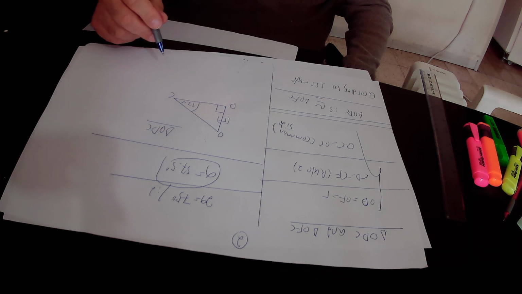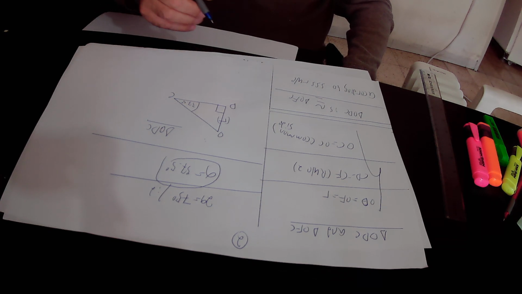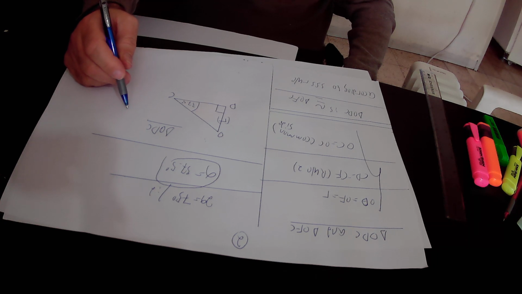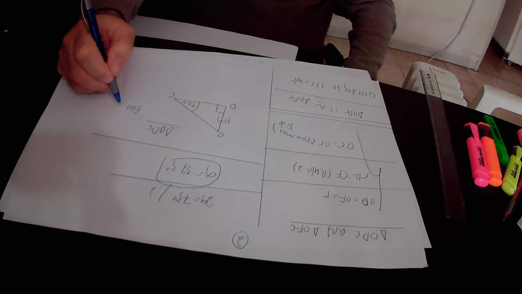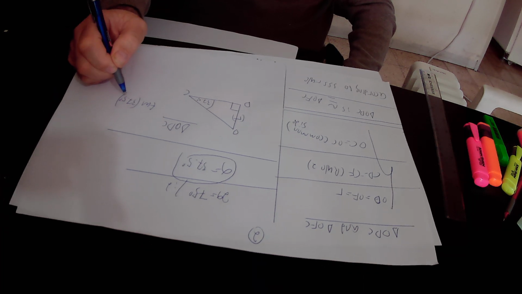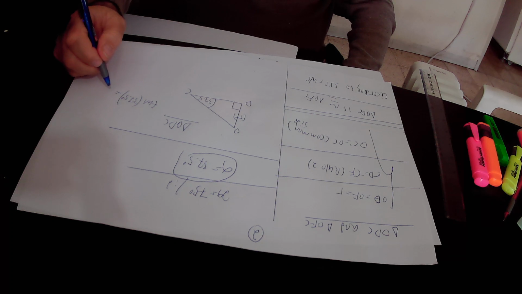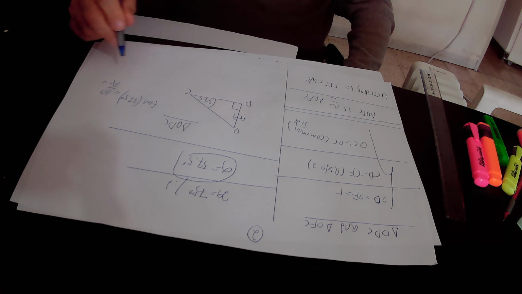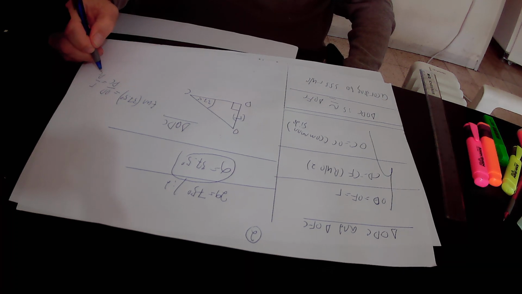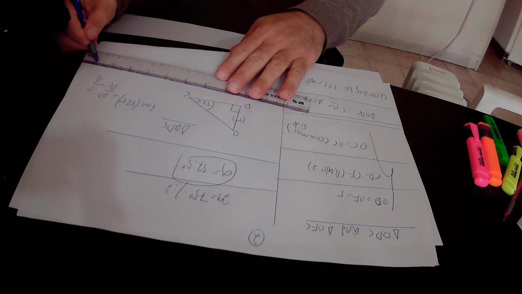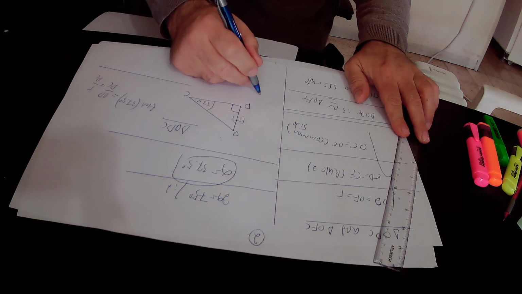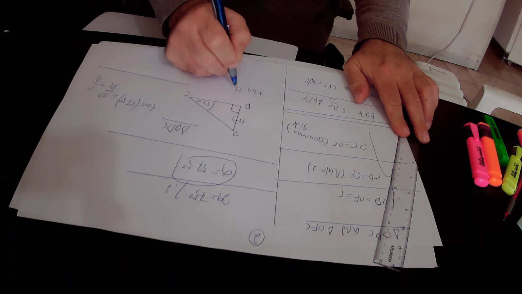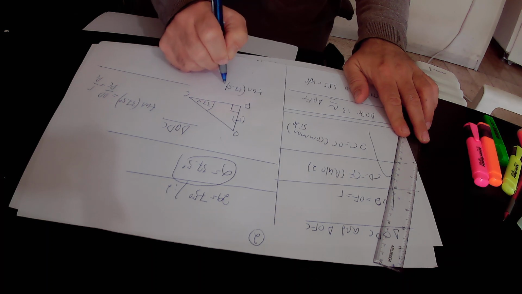In this pink triangle ODC, tangent 37.5 degrees equals OD over DC. OD is R, so it is R over DC. So in conclusion, tangent 37.5 degrees equals R over DC.